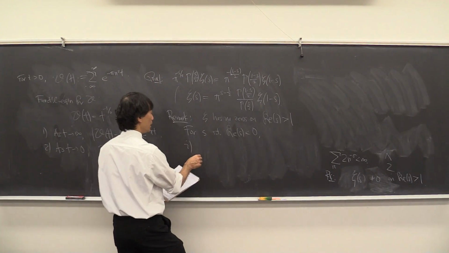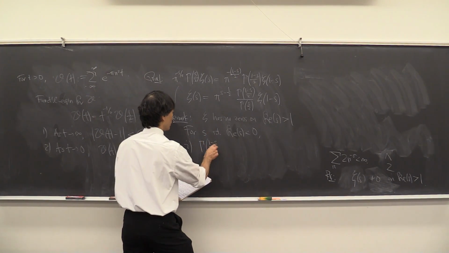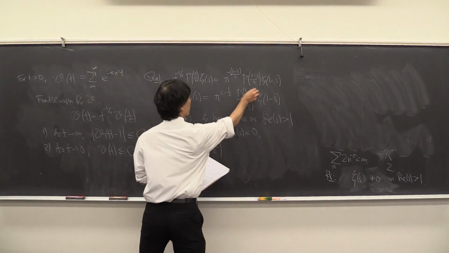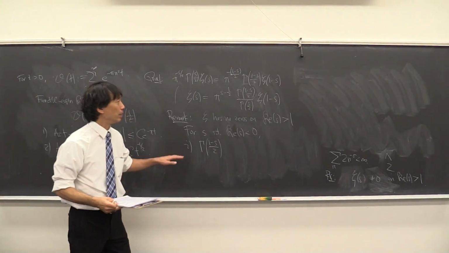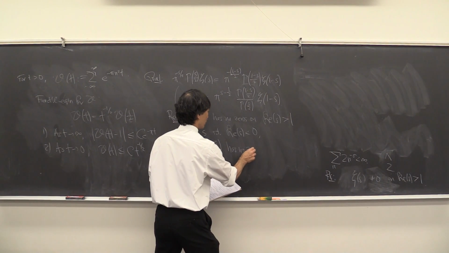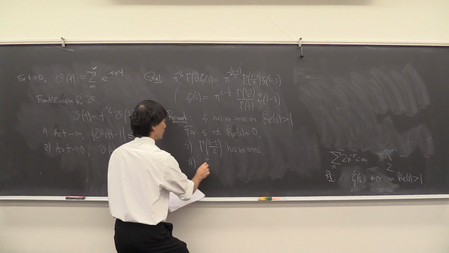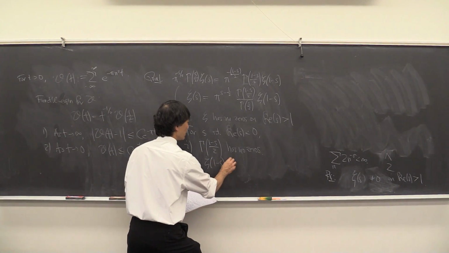notice that one, gamma has no zeros. This thing here has no zeros. Two, zeta of 1 minus s has no zeros.